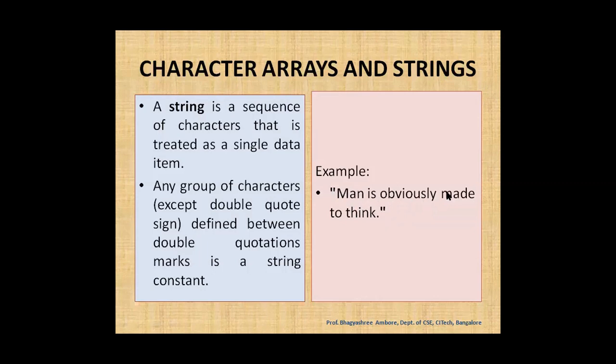A group of characters enclosed between double quotation marks is called a string constant. We are not considering the double quotes themselves. Anything written inside the double quotes is a string constant.